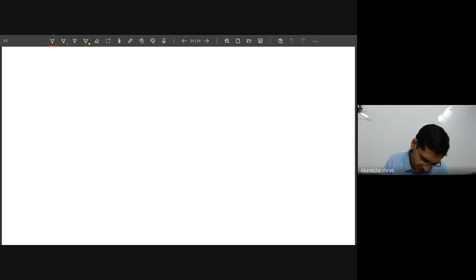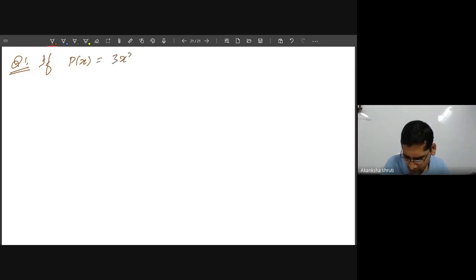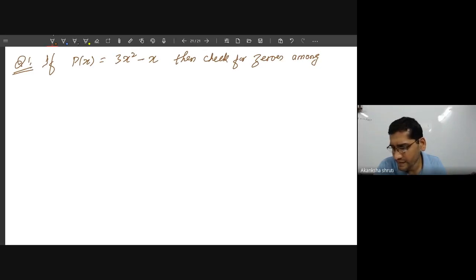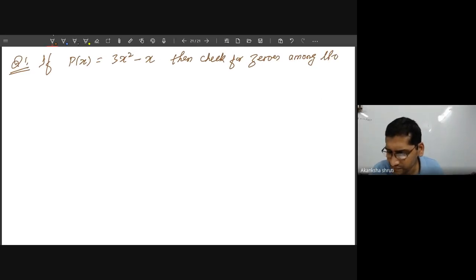So the other question: say if you are given px equals 3x square minus x, then check for zeros among some values of x.